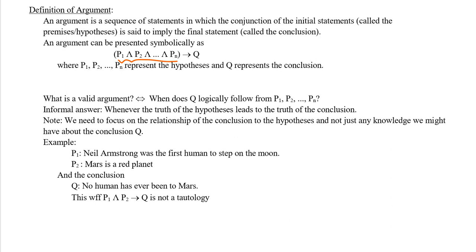No. This well-formed formula, P1 and P2 implies Q, is not a tautology, because even though P1 and P2 are true, we have to get to Q based on some proof sequence from P1 and P2.